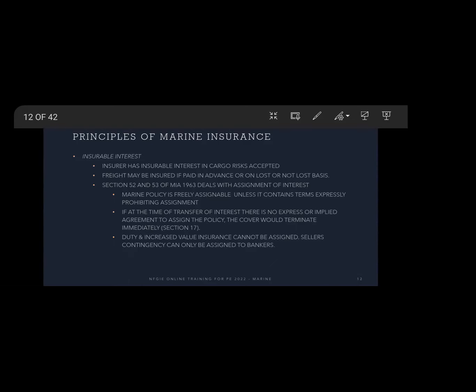The third point is that duty and increased value insurance policies cannot be assigned. Seller's contingency policy can only be assigned to the bankers. So these are the things with relation to the assignment of marine insurance policy.